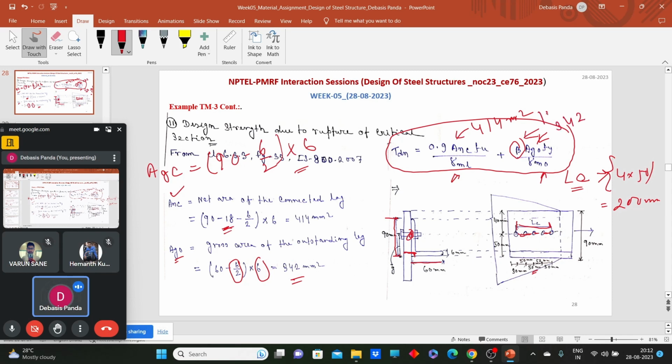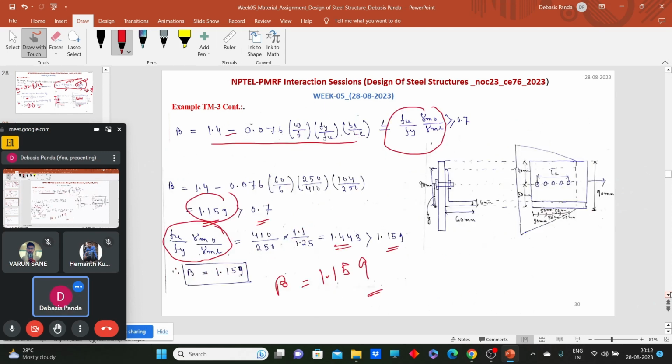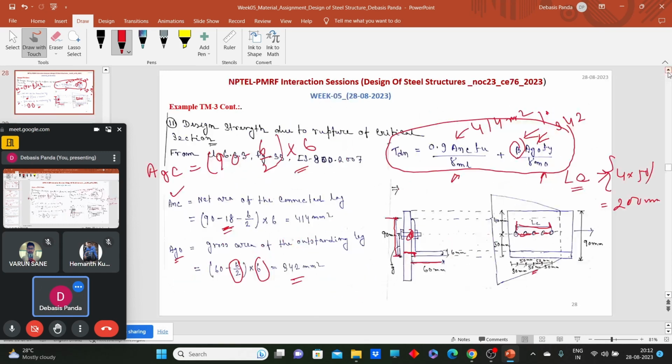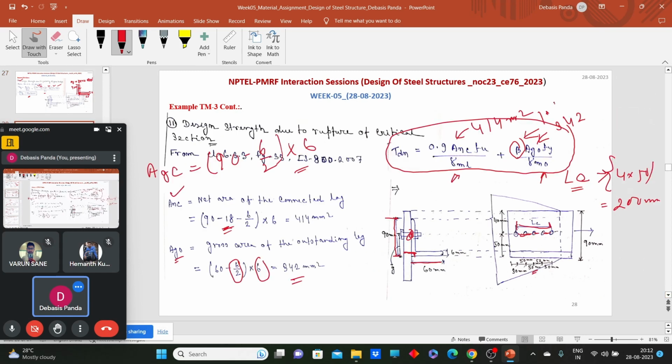Beta value comes as 1.159. So if we plug this and solve this equation, you will have the value of Tdn.